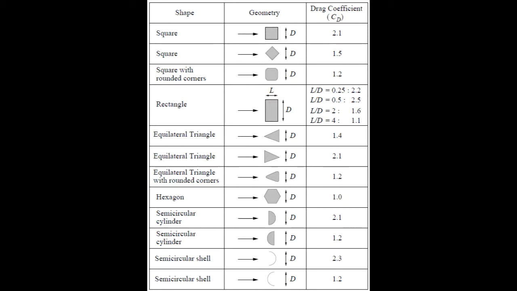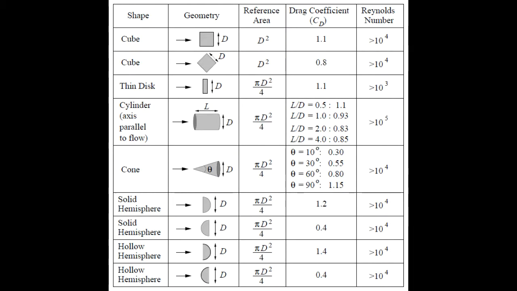Other two-dimensional shapes are given in figure 11.4. So I have things like triangles, squares, semicircles, things of that nature. Again, two-dimensional objects here, so very long in and out of the page. Three-dimensional objects are next in figure 11.5. So I have actual cubes or discs, cylinders, cones, hemispheres.